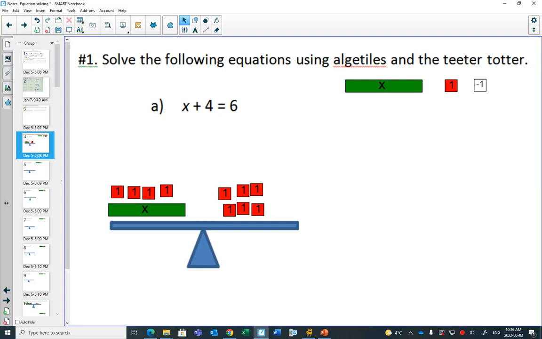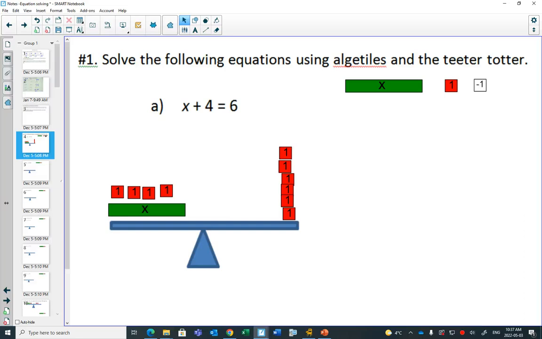Actually, one of those balance beams, the weight scales with hanging baskets, is technically, mathematically better than a teeter-totter. Have you ever been on a teeter-totter? Technically on a teeter-totter, this is different than this. Why? Yeah, the weight on the end. So now that I look at this, I should probably use one of those balance beams with chains holding things, because then it doesn't matter where it is.